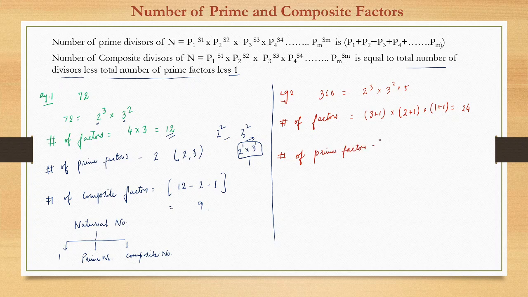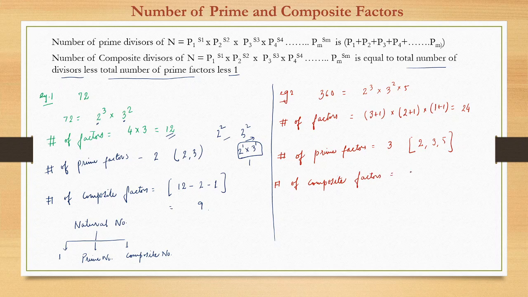Now what would be the number of prime factors? As I discussed, we only have three prime factors: 2, 3, and 5. Rest others would be composite or 1. So what would be the number of composite factors?